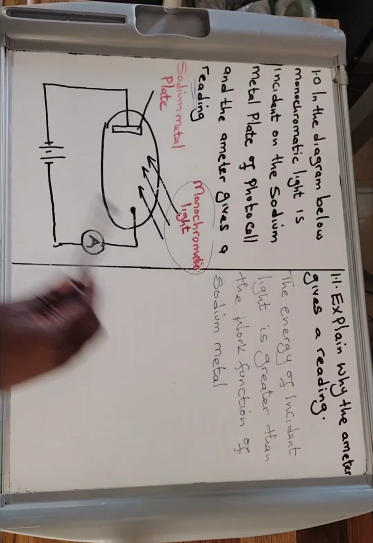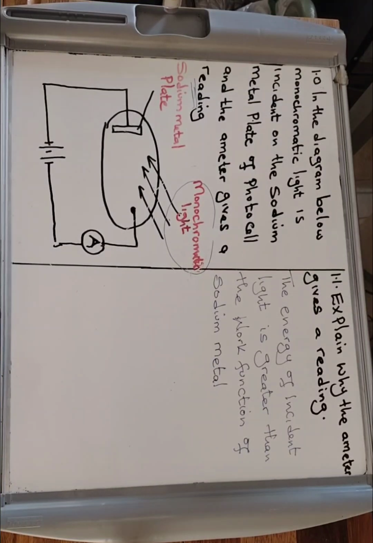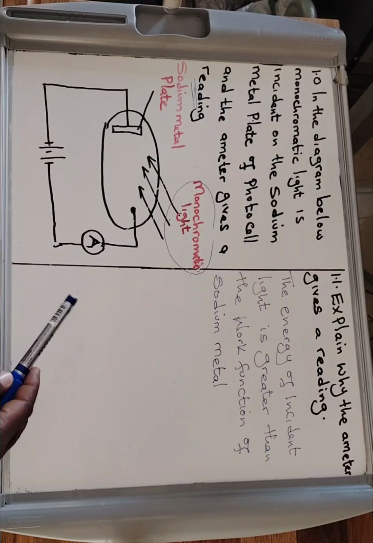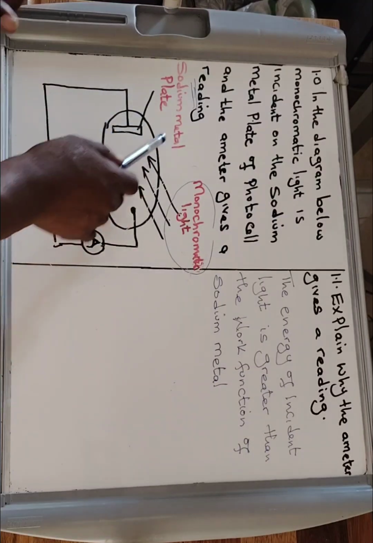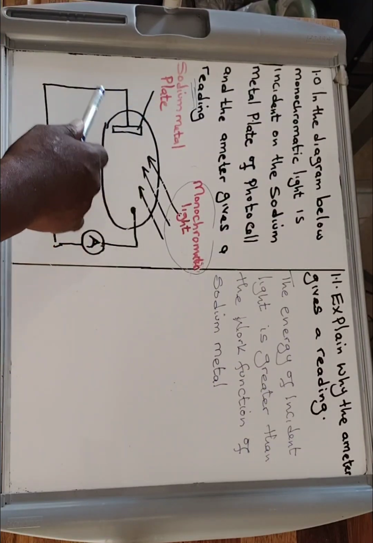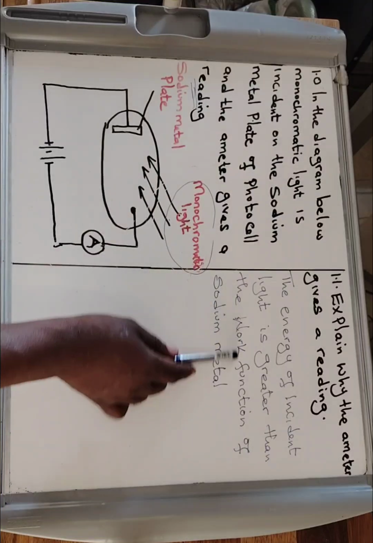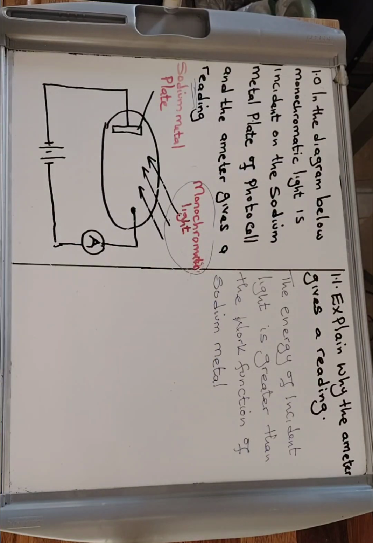When the energy of incident light is greater than the energy which is holding the electrons in the metal, and that energy is called work function. So when the energy of the incident light is greater than the work function of the metal, then the ammeter will give a reading.